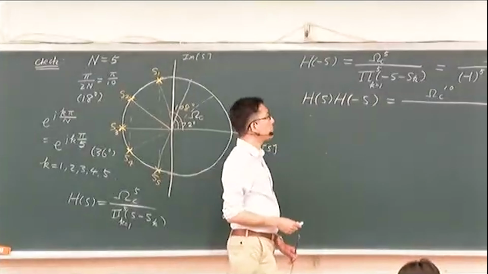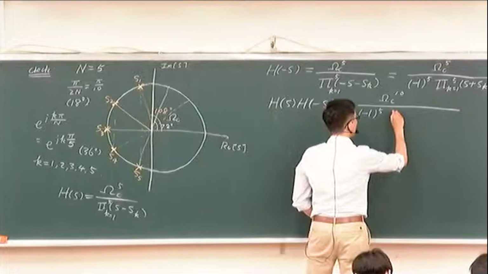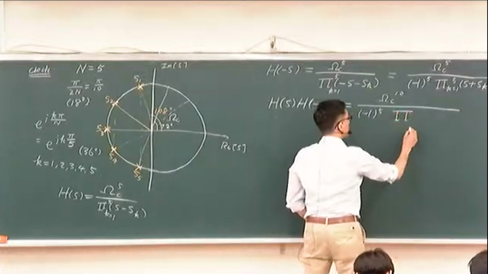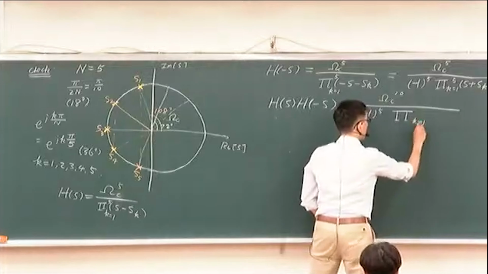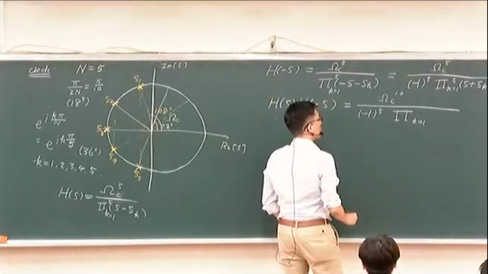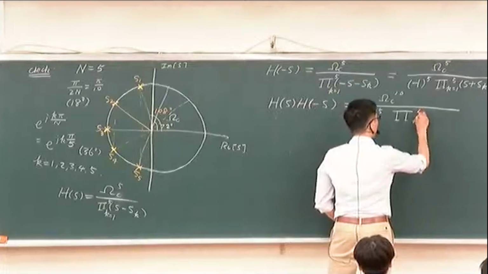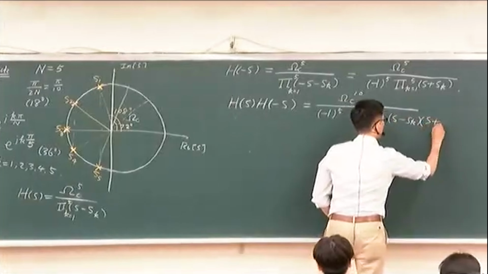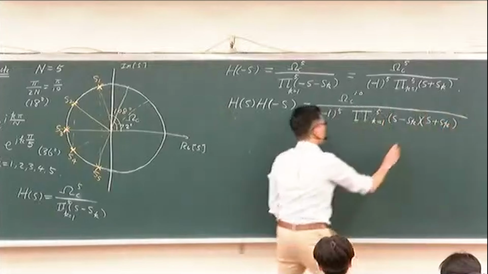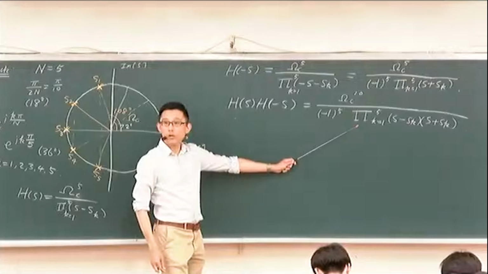So when we multiply the two of them, we have the minus 1 to the 5th power still there, but here we have a product of K from 1 to 5 of S minus SK, S plus SK, which in the end is going to become a 10th order polynomial.